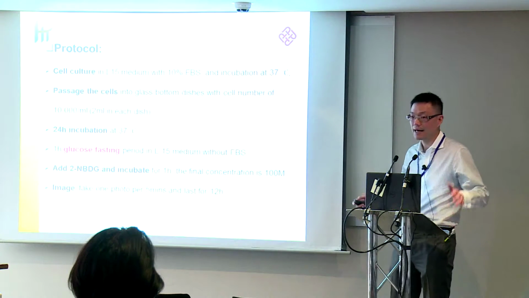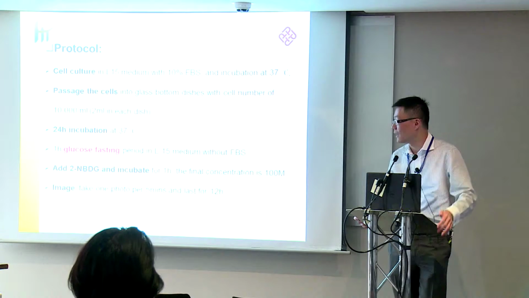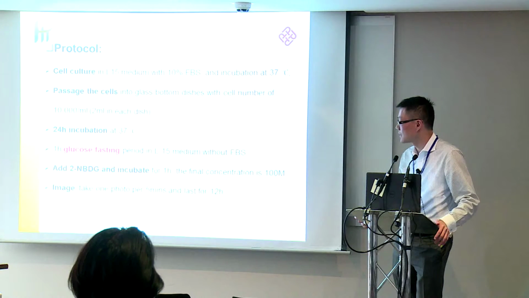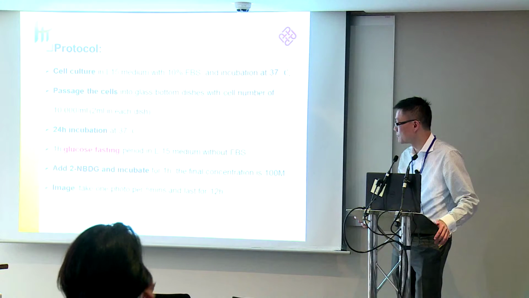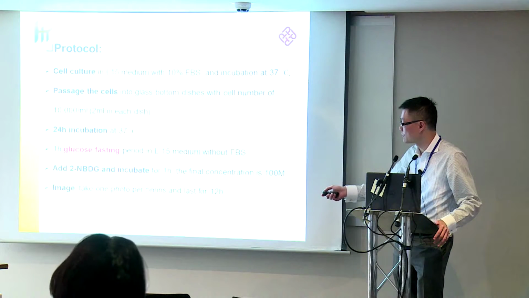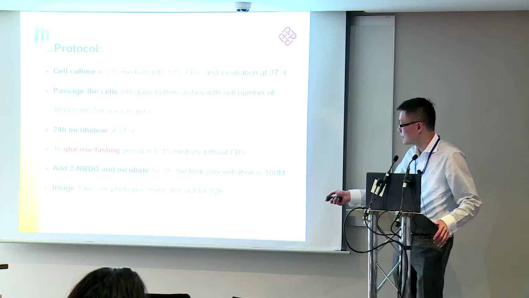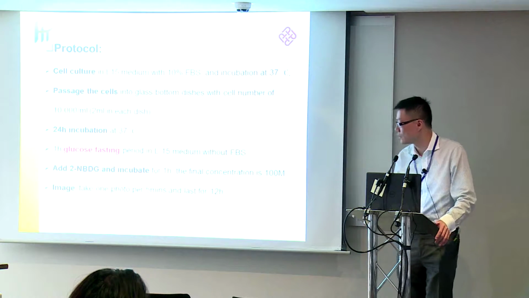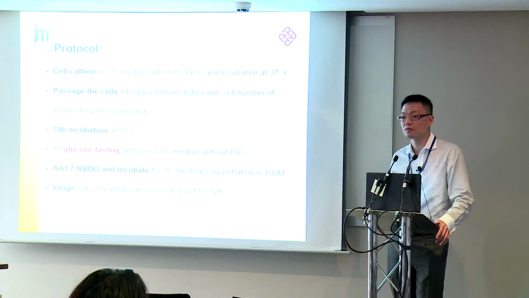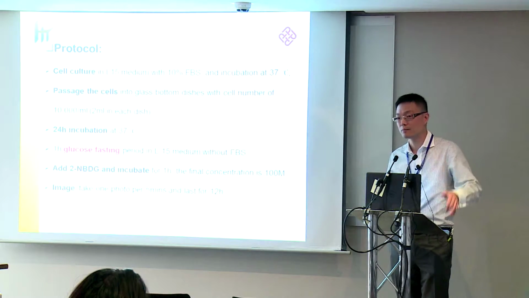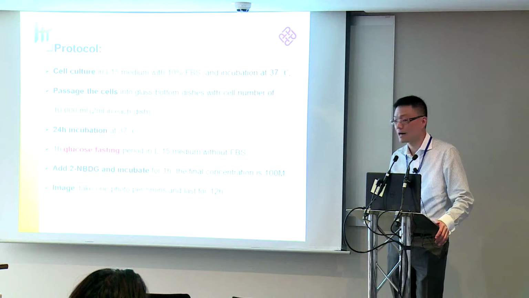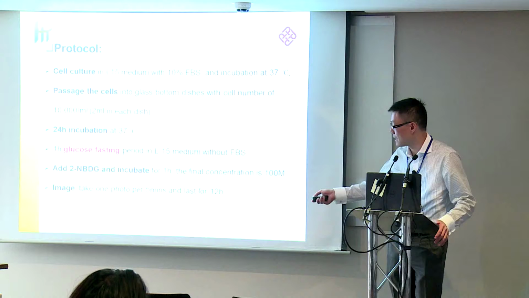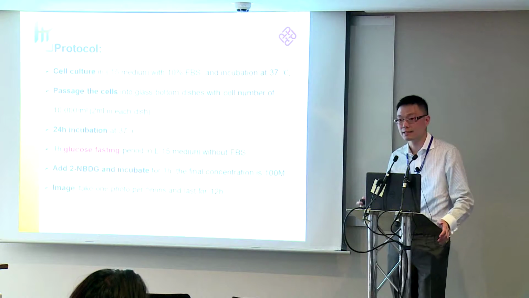Then we align the cell cycle to the same starting point so that the cells can be compared with each other consistently, using a 1-hour glucose fast for this alignment. After the fasting, we add the analog and incubate for one hour, and then we start taking photos, for 12 hours in total, because we know that cell division happens around 6 hours for the breast cancer cell. We take one picture every 5 minutes for 12 hours and then group them together as a video.